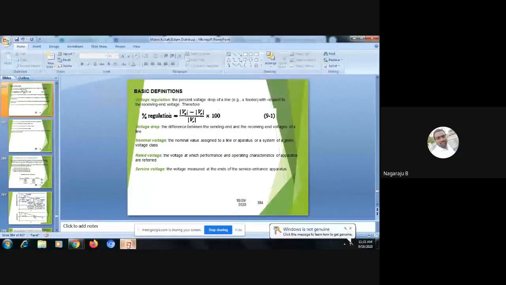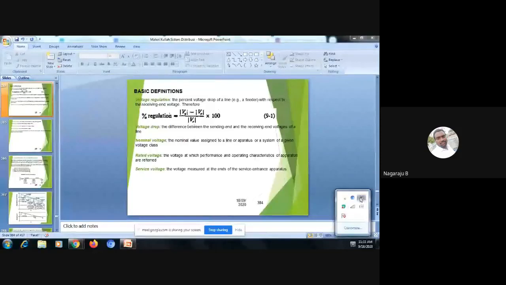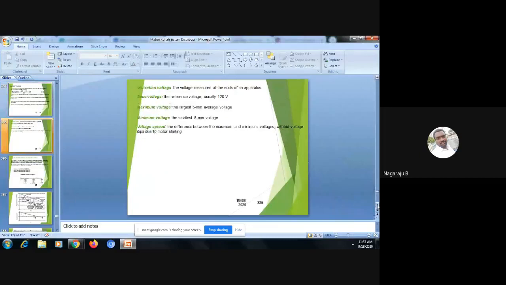Okay, service voltage. Service voltage is nothing but the voltage measured at the ends of the service entrance apparatus. Okay, these are the things you need to know. Next one is utilization voltage.